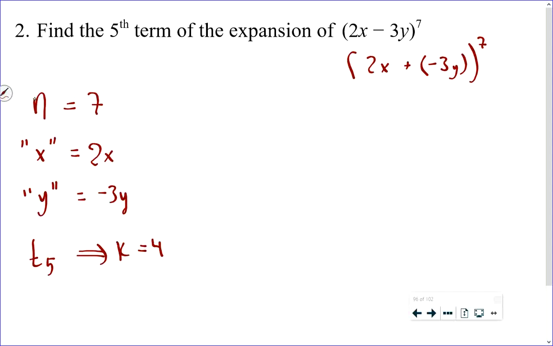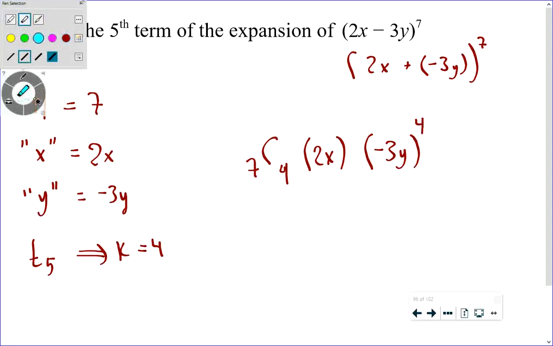So what will the 5th term be? Well, it will be n choose k. It's going to contain my x, which is 2x, and my y, which is negative 3y, and the exponent on y will be k. These two numbers are always the same.